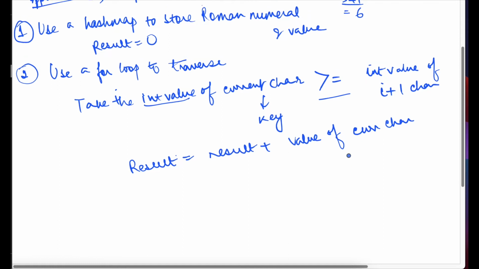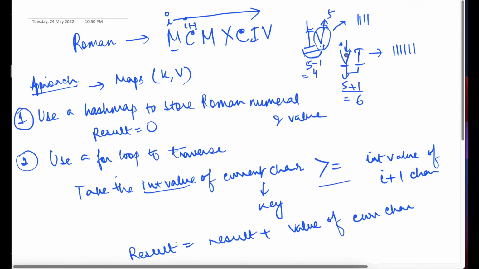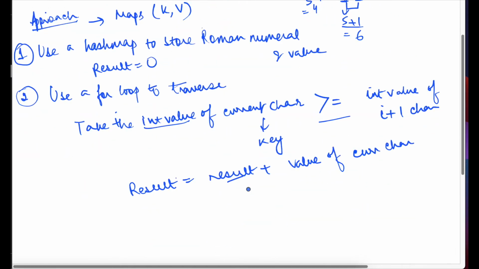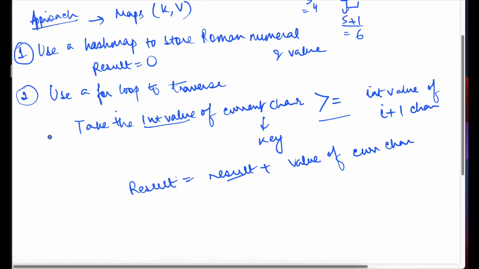As we have seen in the example above, the current character was V, that is 5, and the next character, I plus 1, was not greater than that. So V was greater than that. So if it is greater than or equal to, we are just going to append that. Whatever the value of V is, that is 5, we are going to add that to our result variable. This is the first condition.